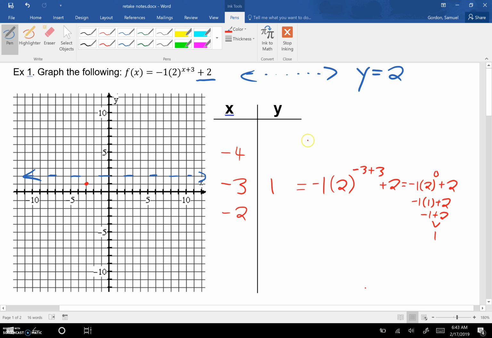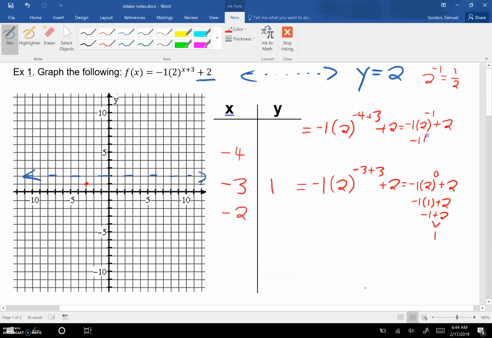I'll do this one next, and again, I'm just going to copy the equation. Negative 1 times 2 to the power of x plus 3, plus 2. Instead of x, I'm going to put negative 4. Negative 4 plus 3 is negative 1. 2 to the negative first is just a half.